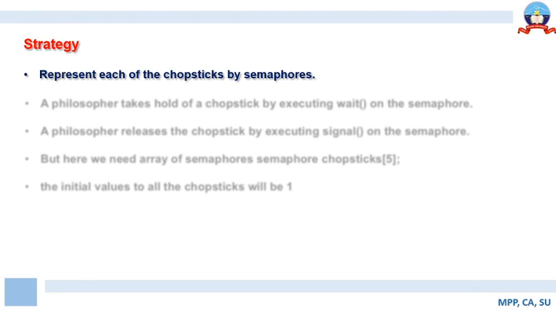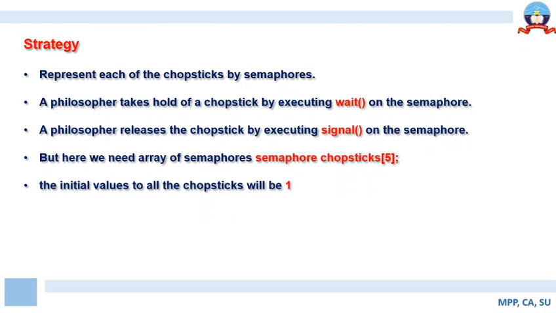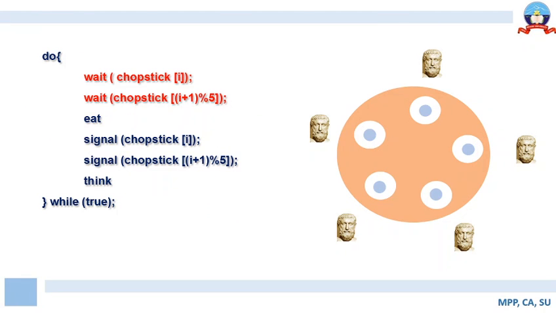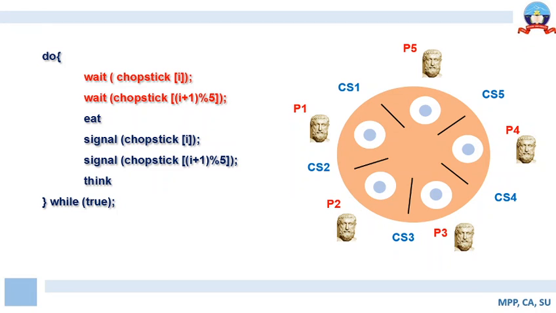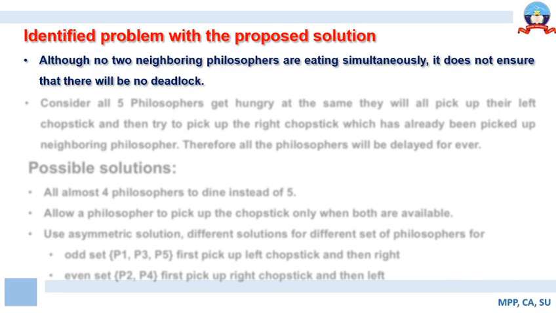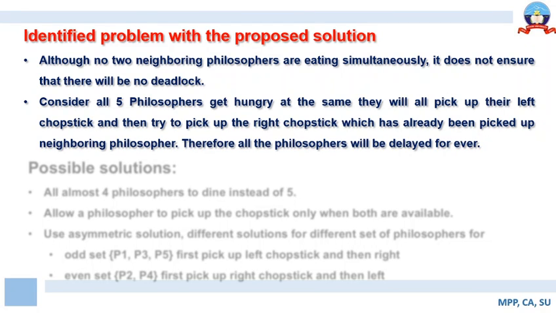We have formulated a very simple strategy, and we have created a description of the wait and signal over the various chopsticks in order to facilitate philosophers to perform the eat operation. Then we have identified some notable problems with the proposed solution, the problem of deadlock, and then we have also proposed possible way outs for avoiding the deadlocks.